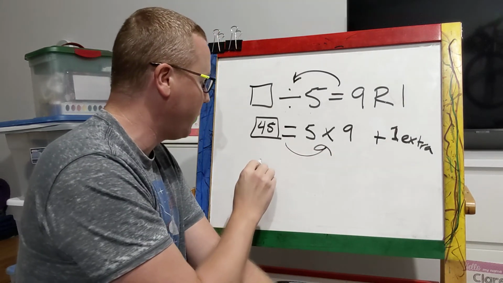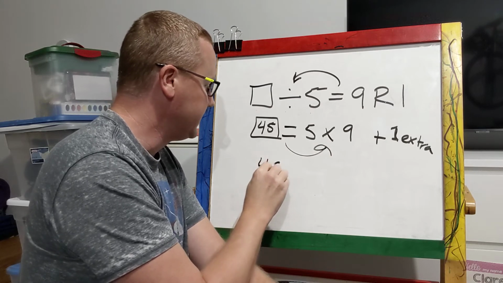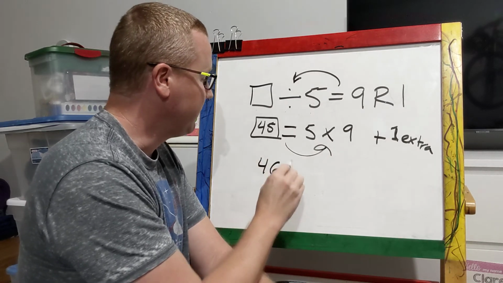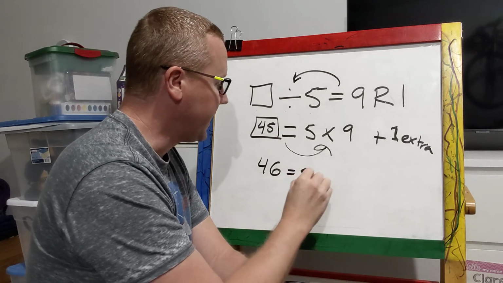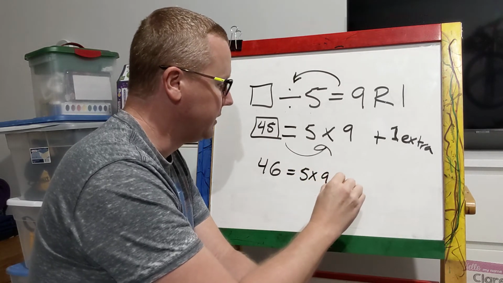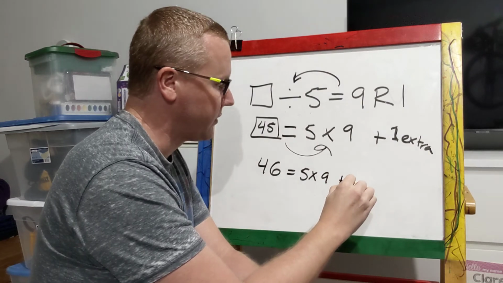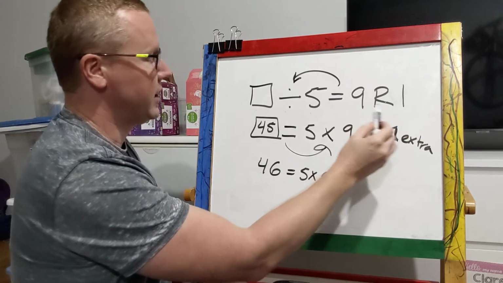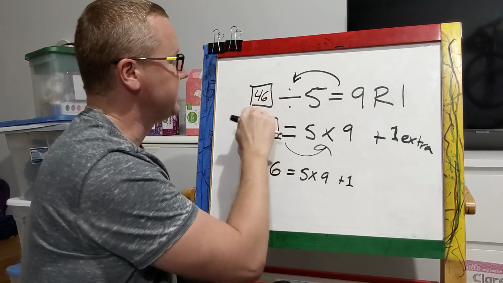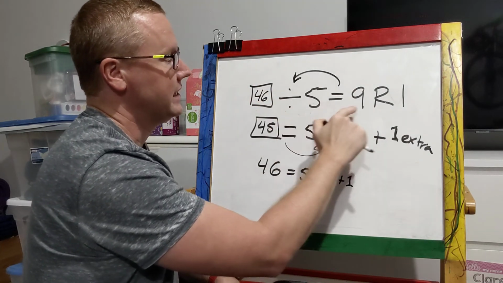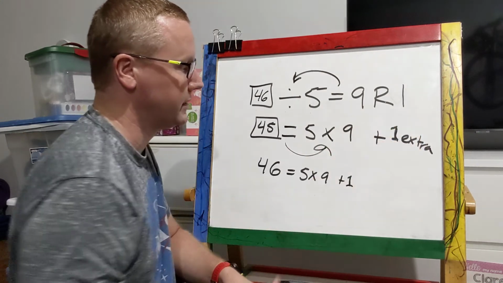So 46 equals 5 times 9 plus the 1 extra, or the 1 remainder. So up here, I would say 46 divided by 5 equals 9 remainder 1.